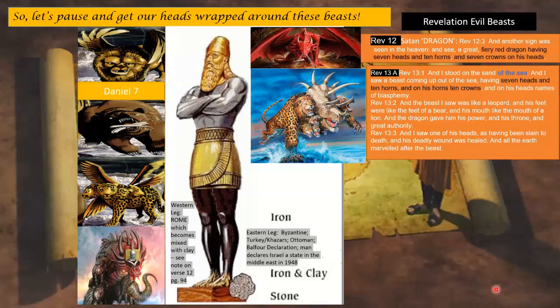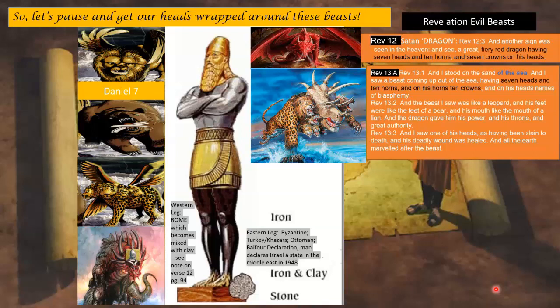And the beast I saw was like a leopard, and his feet were like the feet of a bear, and his mouth like the mouth of a lion. And the dragon gave him his power and his throne and great authority. And I saw one of his heads as having been slain to death, and his deadly wound was healed. And all the earth marveled after the beast.